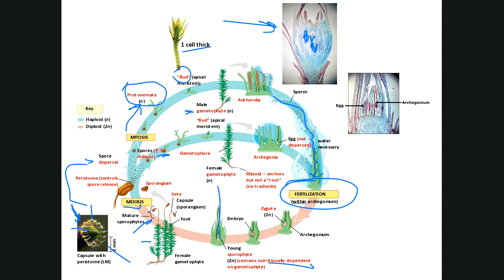But in mosses, the most dominant and the most prominent stage is the gametophyte stage. The sporophyte stage, the diploid part, because sporophytes are diploid, you get that from fertilization, and it's only produced for a short-lived period of time, only long enough to produce more of these variable spores.